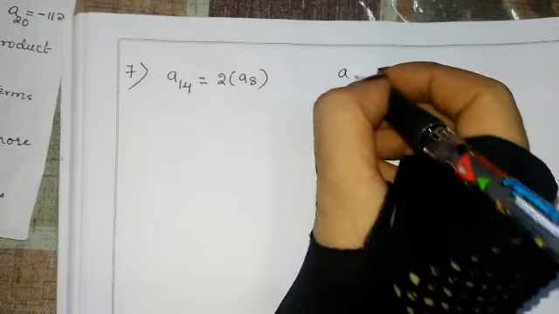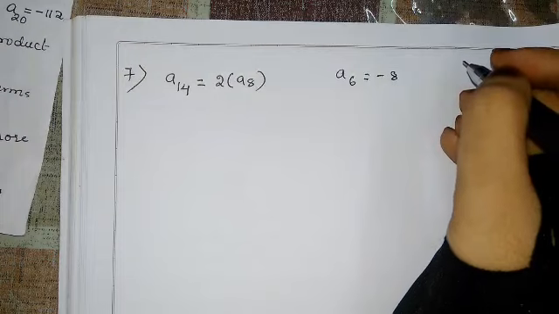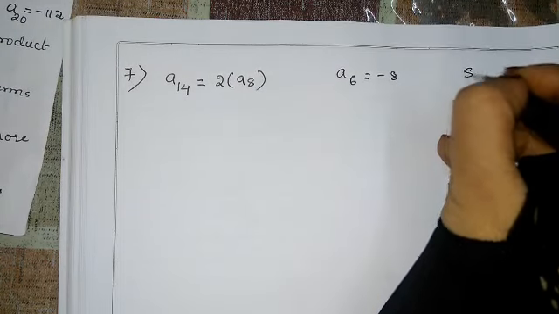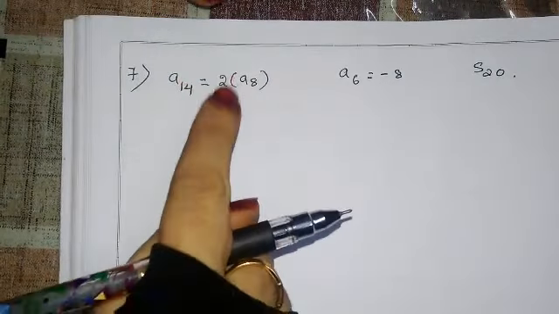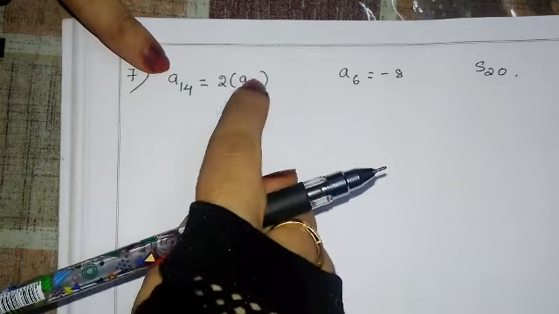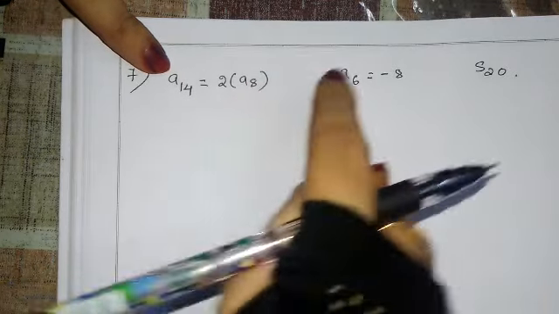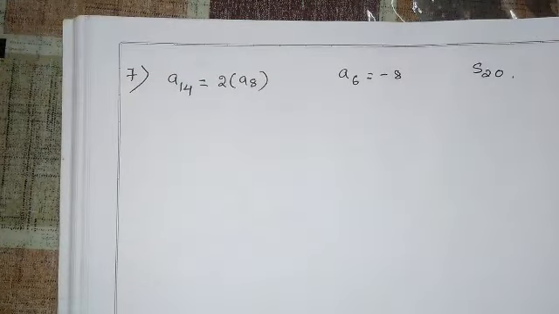If the 6th term is minus 8, find the sum of 28 terms. I'll repeat once again: if the 14th term is twice its 8th term and the 6th term is minus 8, find the sum of 28 terms.